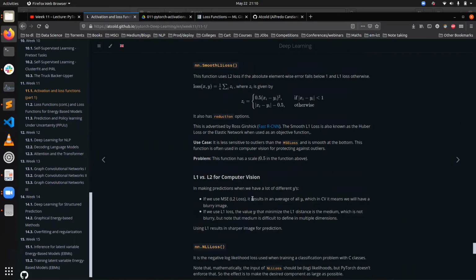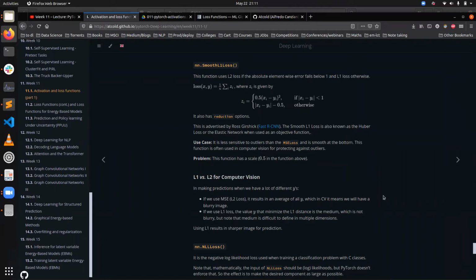Yeah, this is something interesting that Alfredo asked. What he asked was, when you use L2 loss, it results in a blurry image, and when you use L1 loss, it's not blurry. So what Jan said was, for minimizing L2 loss, the output that we get is an average of all the y's, and suppose you have an image of many cats, an average image of all cats will just be a blurry mess.